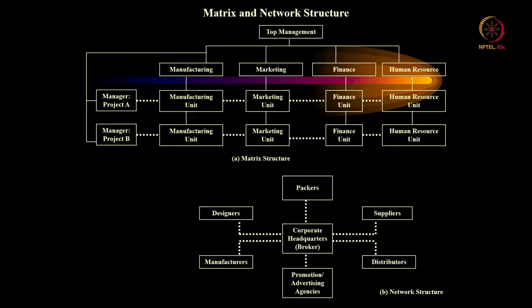So, this is where we look at how network and matrix structures can be employed by organizations. Depending on the type of organization you are in, whether you are in stage 1 or stage 2 or stage 3 or stage 4, you can take a call which type of structure you would like to operate.